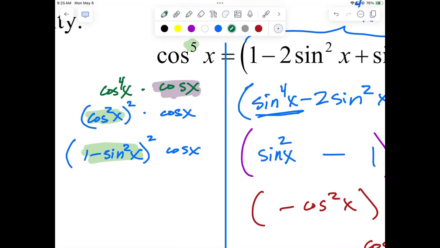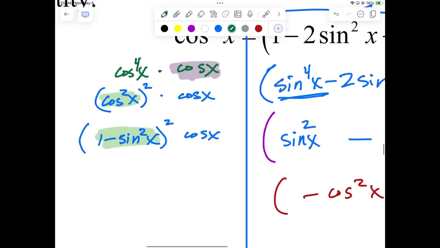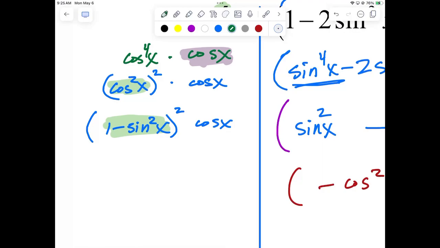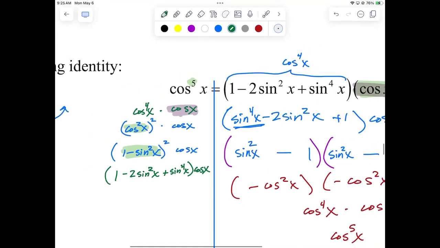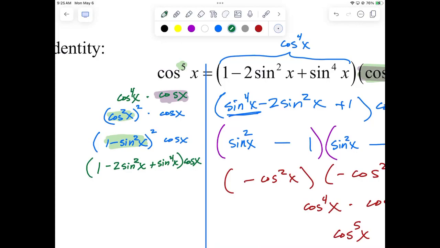Now, instead of having to factor, all I got to do is FOIL it out, or square, multiply, double, square. Square the first, you get 1. Multiply and double, you get minus 2 sine squared. Square the last, you get plus sine to the fourth, times cosine of x. Square, multiply, double, square. And then you compare it to the right-hand side, and you're done. Uppage.